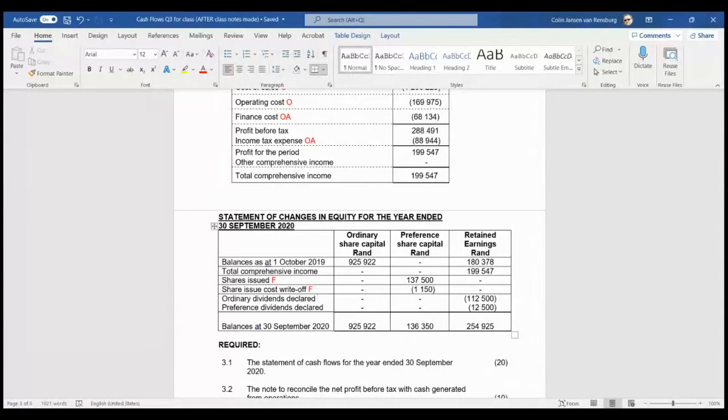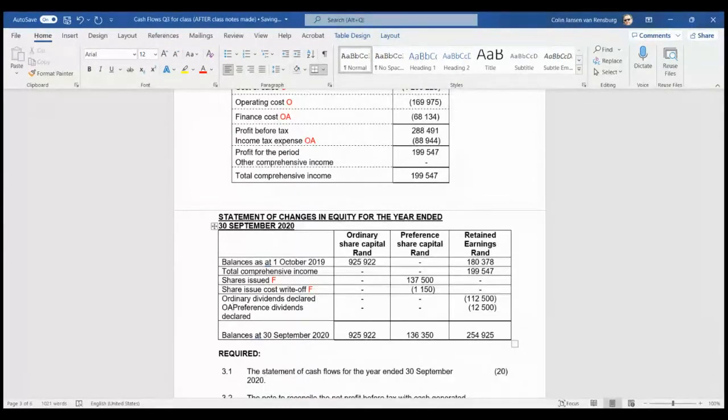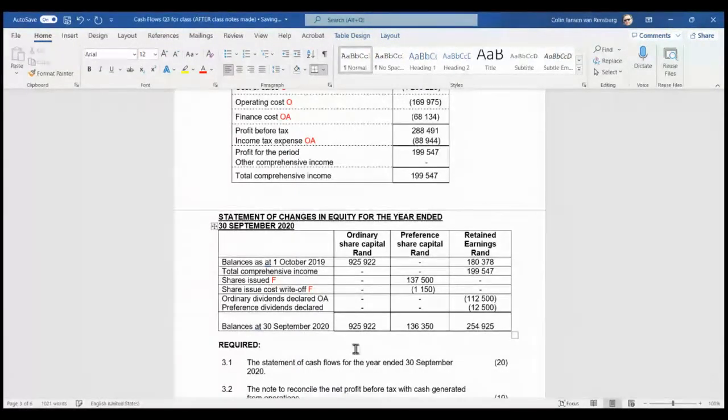So what kind of an activity would that therefore represent if you think about where in the statement of cash flows that ordinary dividends paid sits? Under our other operating activities, right? Thank you so much. You are once again 100% spot on. So that will be amongst our other operating activities. Ooh, now it's going to mess a little bit with my formatting. Not yet, but I think the next one will.